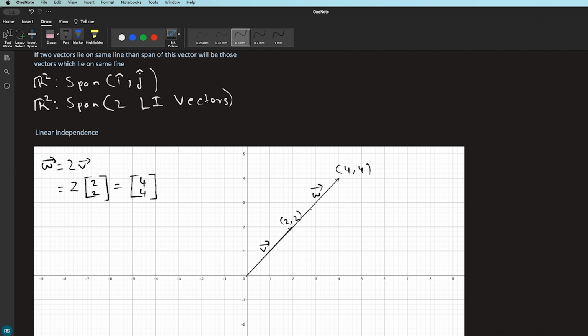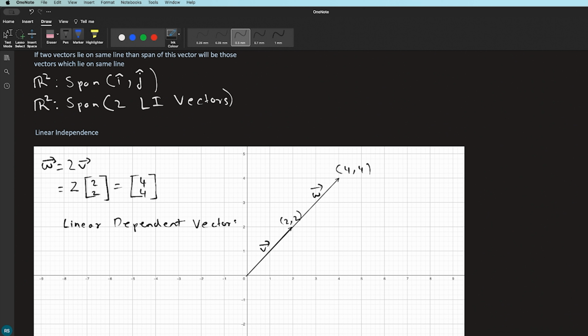So we can say that if any two vectors are scaled versions of each other, then these two vectors are called linearly dependent vectors. These two vectors w and v are called linearly dependent vectors.